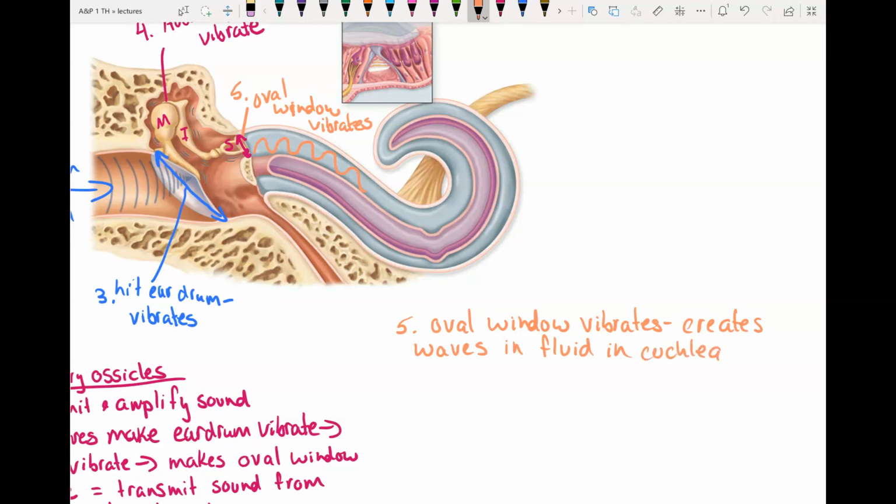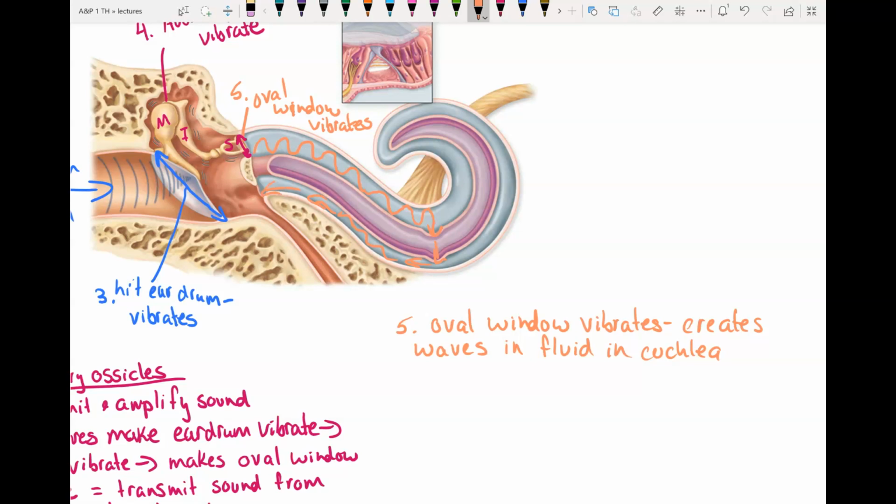Now this picture, they've kind of unwound the cochlea, but remember, it looks like a snail. It's all wound up. The waves travel through the fluid until they can't fit anymore. Then they cross through like this, and then the waves will go back this way.